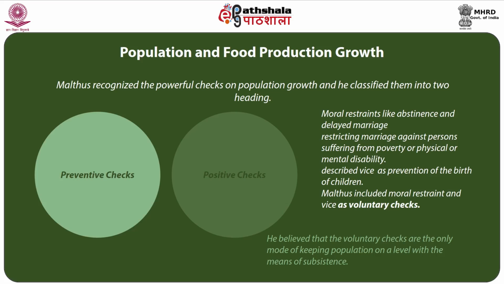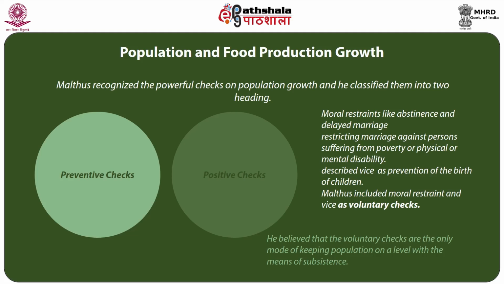The first one is preventive checks, such as moral restraints like abstinence and delayed marriages, and also restricting marriage against persons suffering from poverty or physical or mental disability.